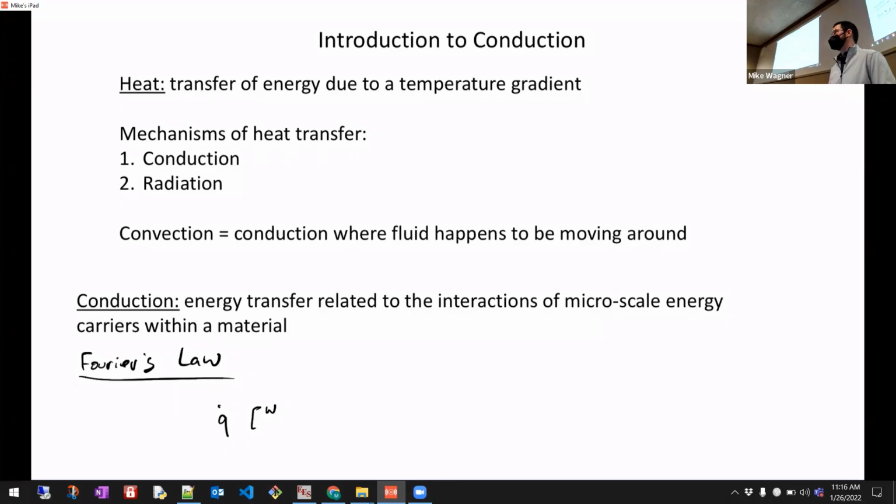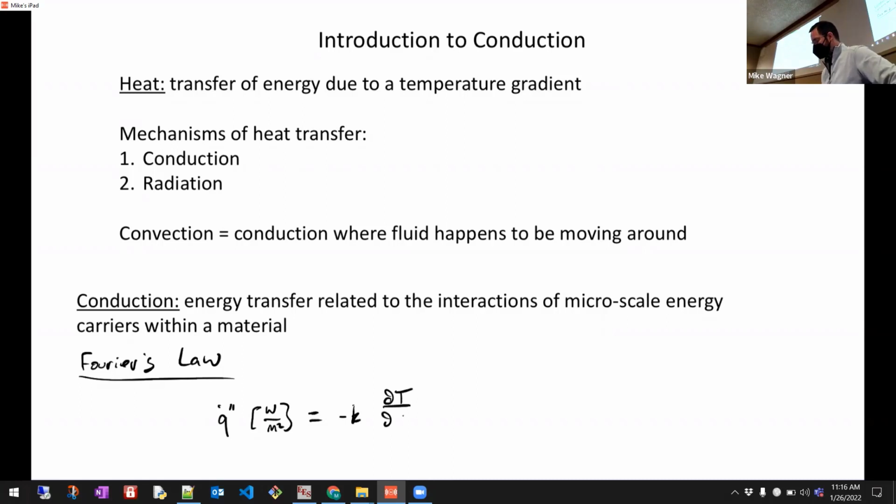Fourier's law can be expressed in terms of the heat flow per unit area, so heat flux would be watts per meter squared, and we would denote that Q dot double prime. So the heat flux, watts per meter squared, is equal to minus k times the partial derivative of T with respect to some direction.